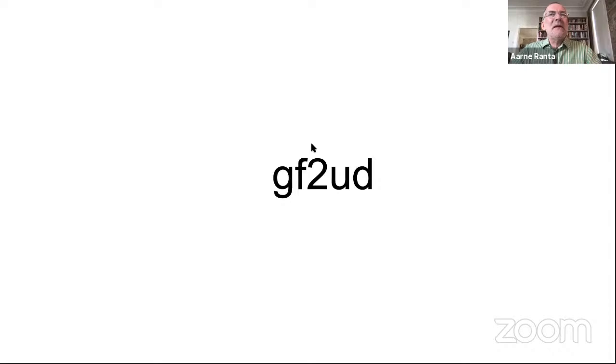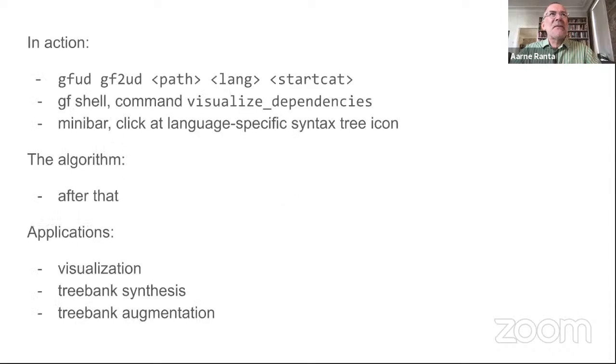So now to the relations of GF and UD. It's actually something that you already saw in minibar if you have used that and clicked at the language-specific syntax tree icons with a resource demo. Then you will see the dependency trees. In the GF shell, you have the command visualize dependencies, or VD. And in the GFUD, you have another version of that, and I don't know if it will ever be integrated with GF itself, which is already quite heavy.